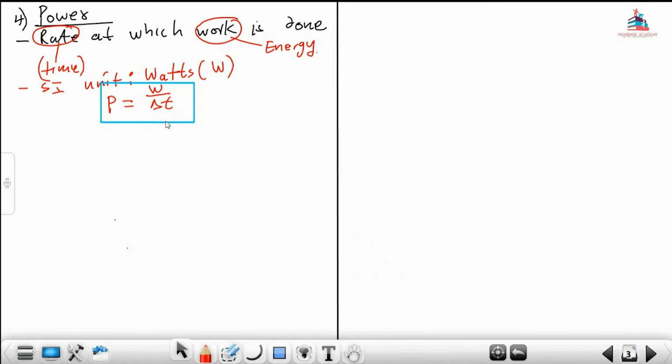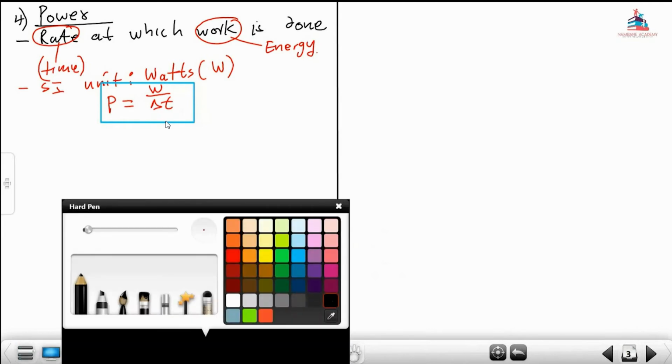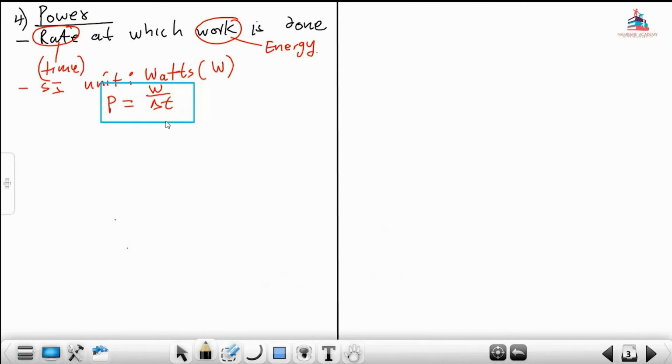Because if we don't know which equation to apply where, then it means we are in a position of exactly losing the plot. So I'm going to add extra 2 equations, the first one will be P is equals to VI.